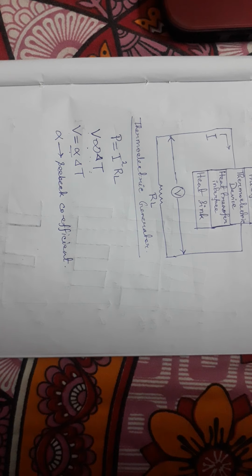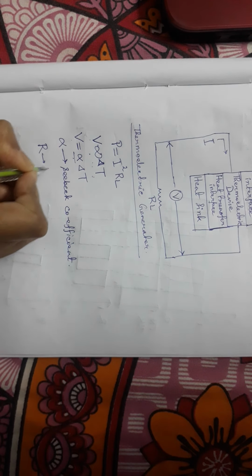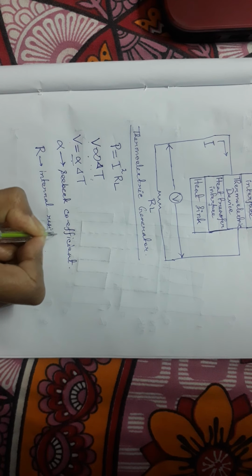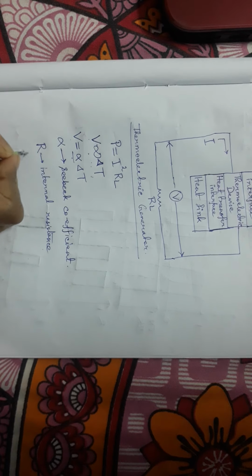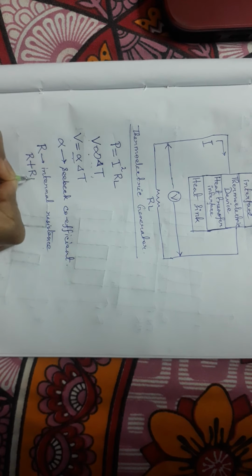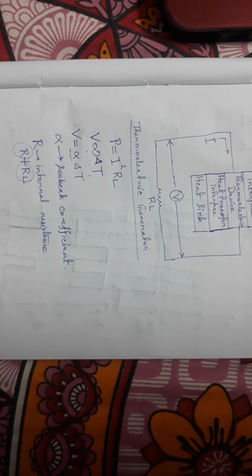If R is the internal resistance of the thermoelectric power generator, then what will be the total resistance of this thermoelectric generator? It will be R plus RL, where R is the internal resistance and RL is the externally connected resistance.